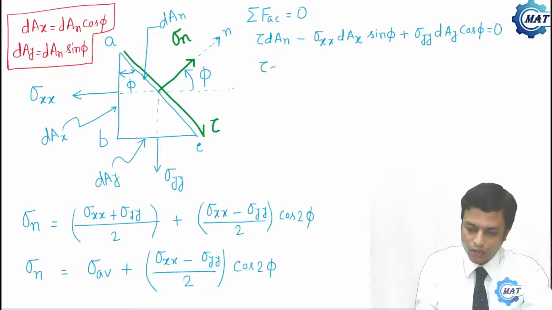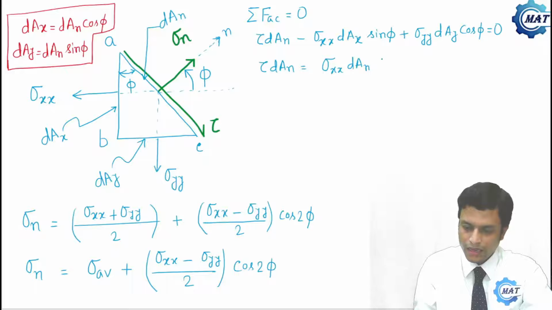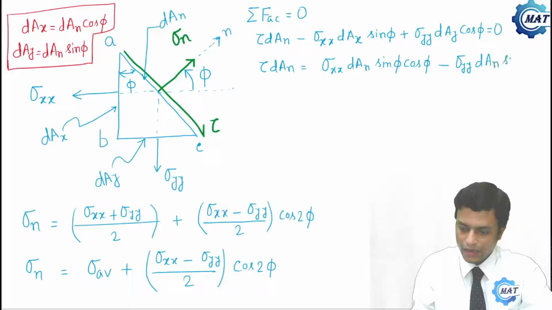So tau dAN will be sigma XX dAN sin phi cos phi minus sigma YY dAN sin phi cos phi.